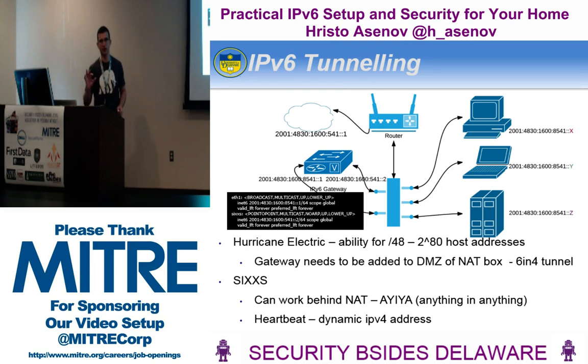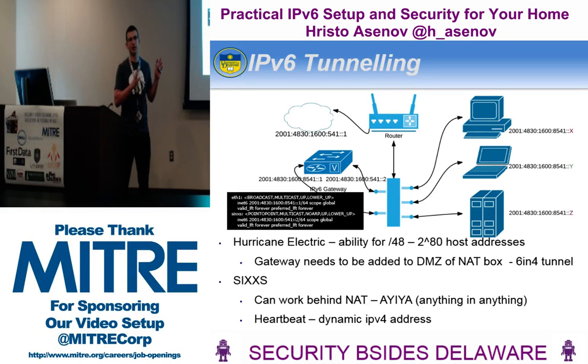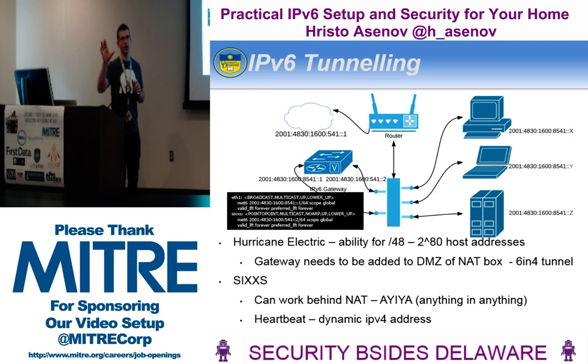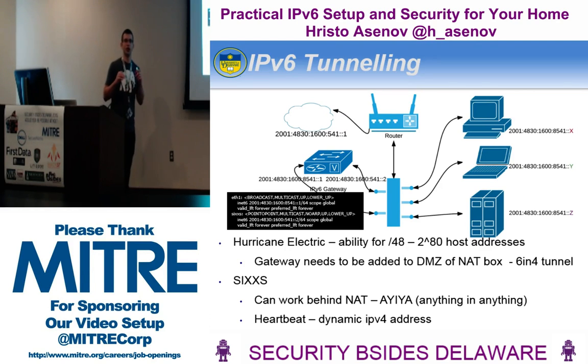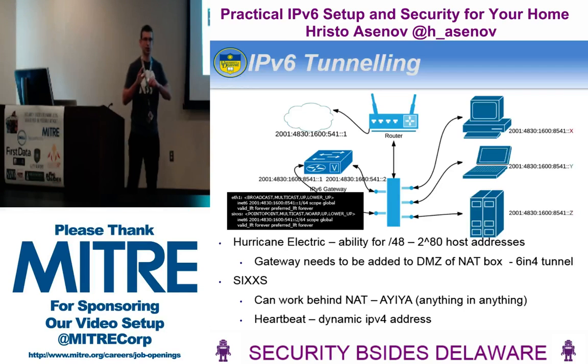The only caveat is that when you set up a tunnel with Hurricane Electric, the gateway needs to be added to the DMZ zone of the router because it's a native 6-in-4 tunnel. So you use just regular Linux tunnel technique, but it needs to be actually publicly accessible. The other tunneling provider I know of is SixXS, and you can actually do the tunneling without touching the router.